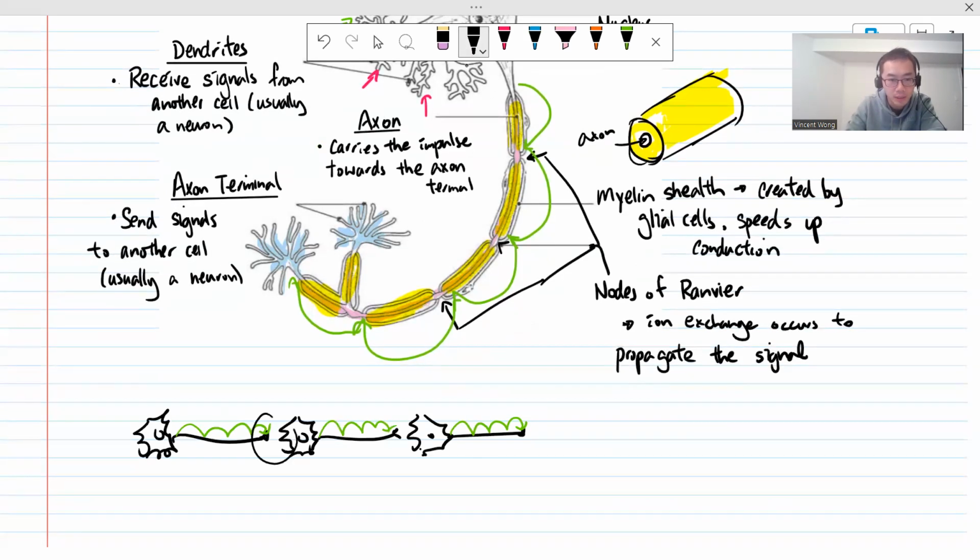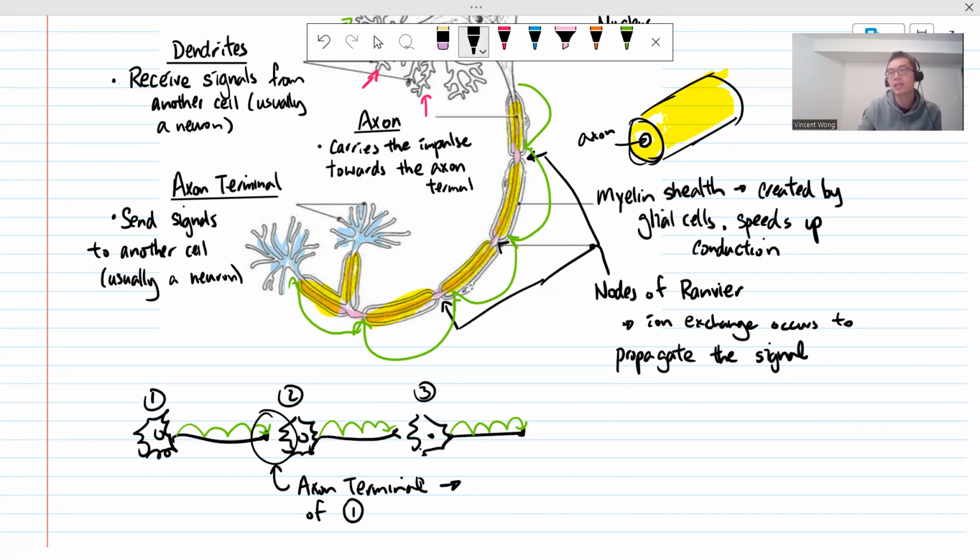And over here, this is basically an axon terminal passing the signal to what? Here, I'll call them 1, 2, 3, okay? This would be the axon terminal of number 1 passing the signal to, what should I write here?